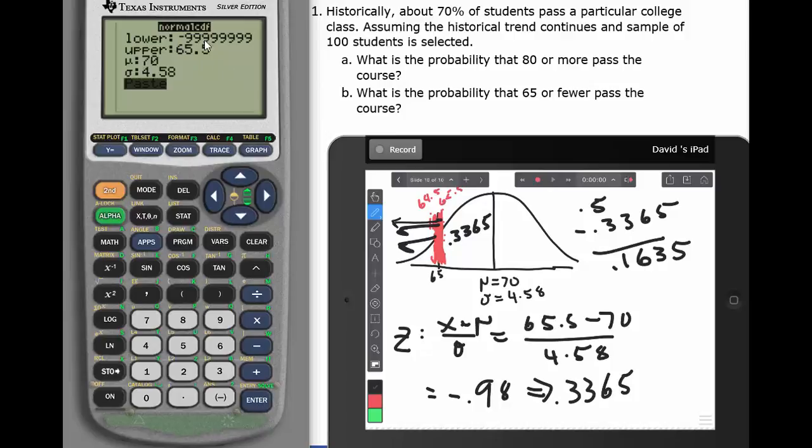Again, on that lower, you can put any really negative high number. Make sure you put a negative there because we're starting at negative infinity, really. And 0.1629, that's pretty close. That's probably just a little bit of rounding in things I did.